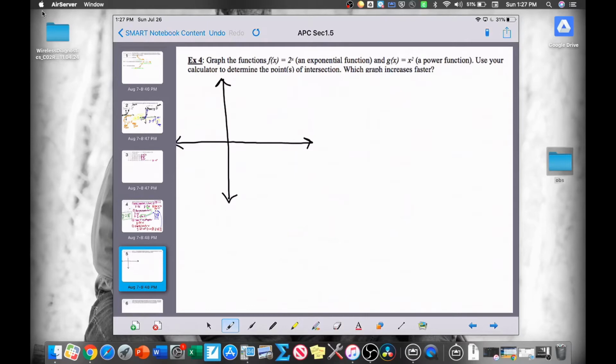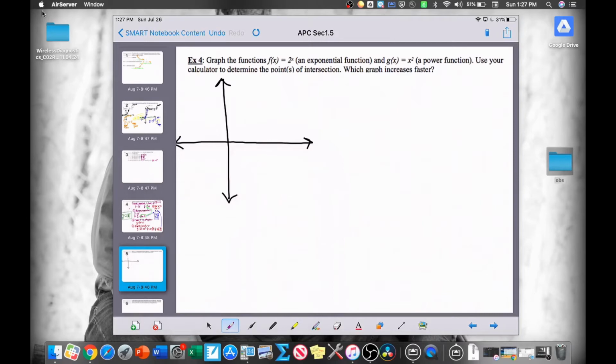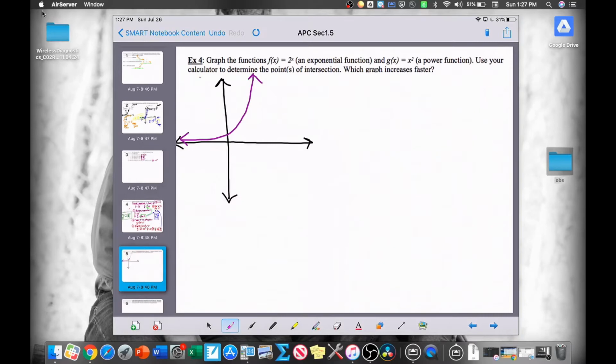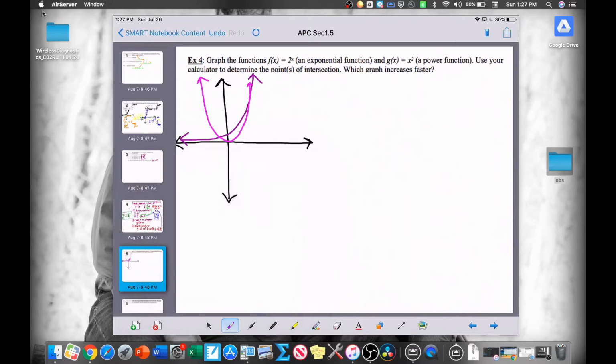And I know that my 2 to the x looks like this. And I know that my x squared looks like this, right? But the question, and I know, obviously, I can see it in my picture, I know that these two graphs are going to intersect here and here.